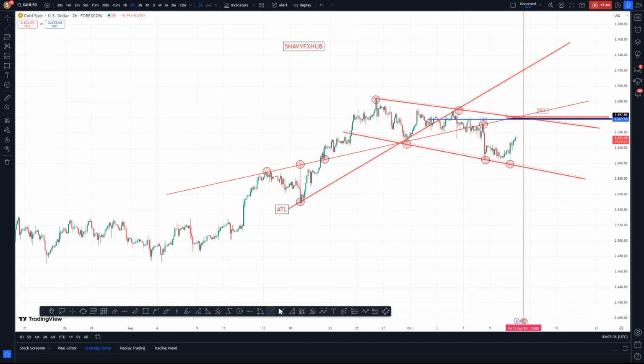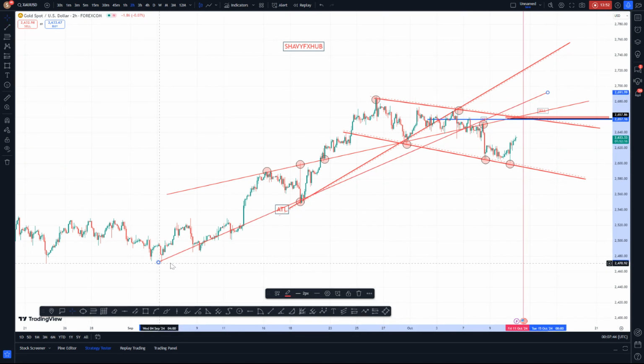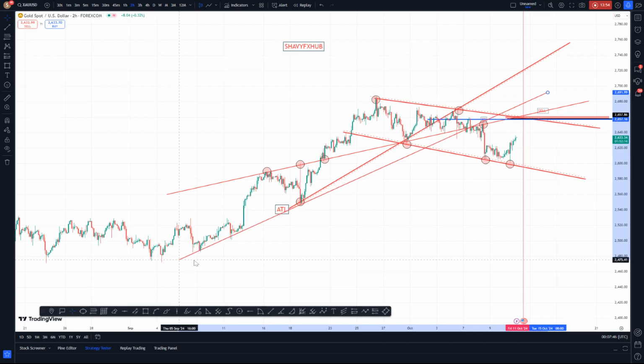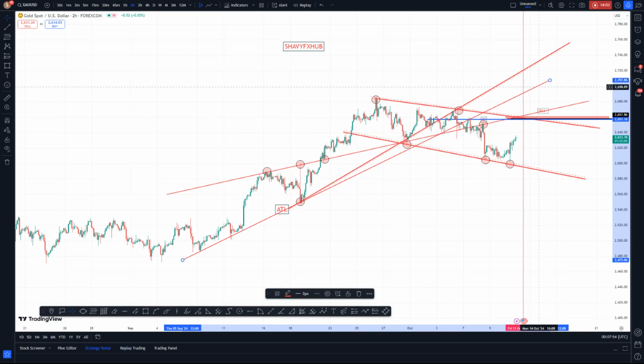If we plot our ascending trend line on 4 hours and we pick this up completely, we will see exactly where this idea came from. So we will look at the body of the candle to see where our breakout started from.